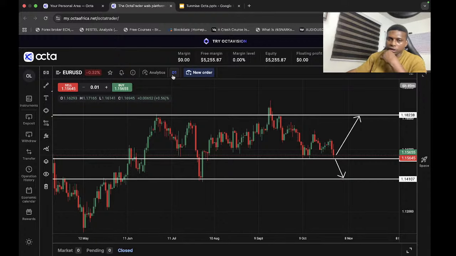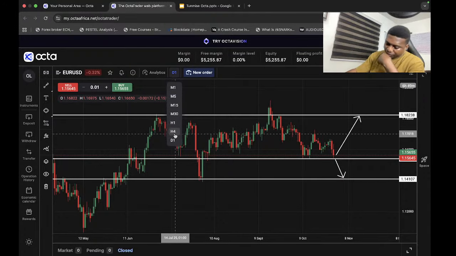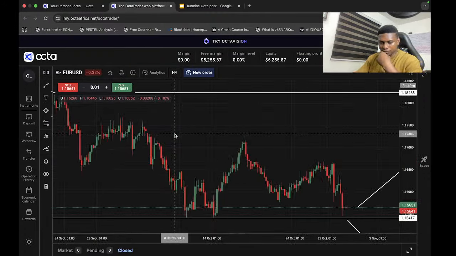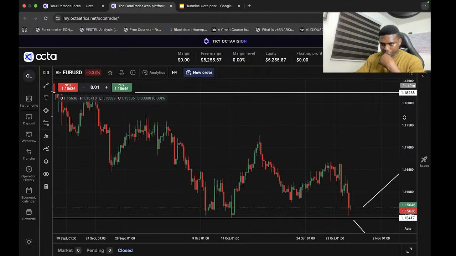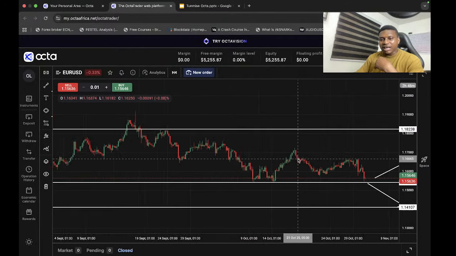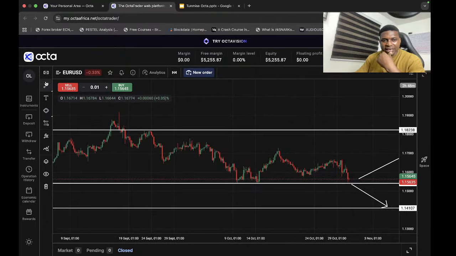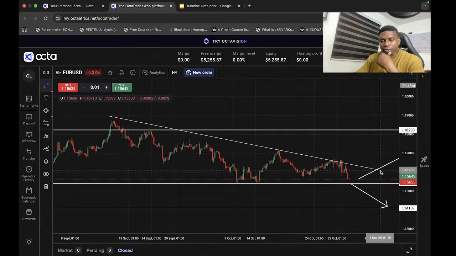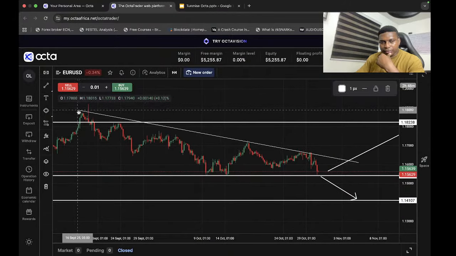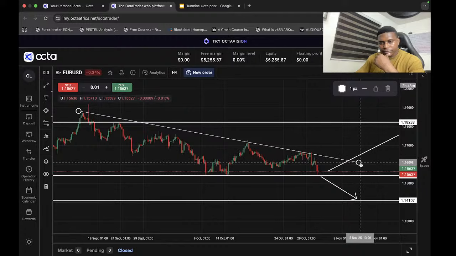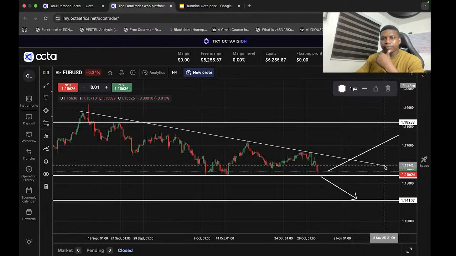So let's go down to the lower time frame, the 4 hours time frame. Now, from the 4 hours time frame, it's more clear to us that there is a higher likelihood that price would break down further, as you can see from here.